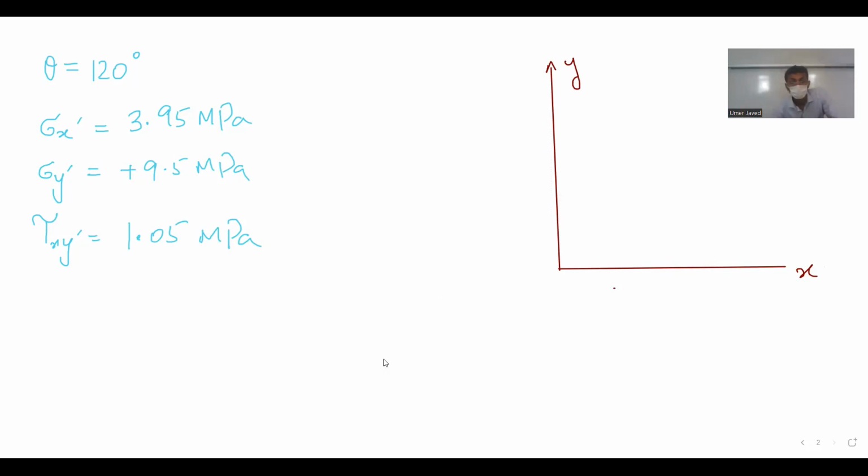I will help you. This is your original element. I did a horrible job, my y-axis is so bad. Okay, laptop stuck.